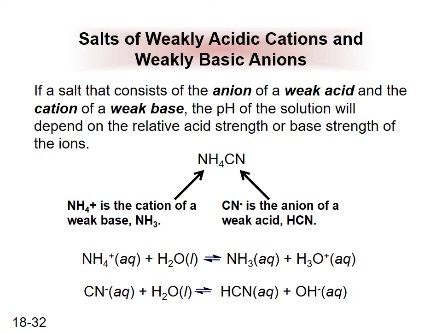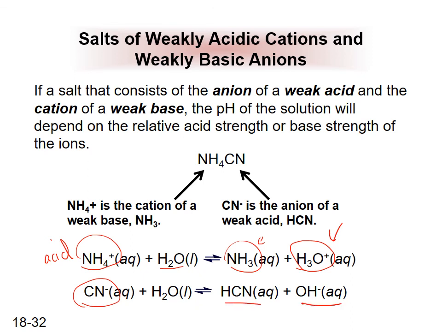Ammonium goes back to ammonia, reacting with water to generate hydronium ion. So ammonium is an acid, because it generates hydronium ion when it goes back to the parent base. Cyanide, on the other hand, when it goes back to the acid, generates hydroxide, so it's a base.